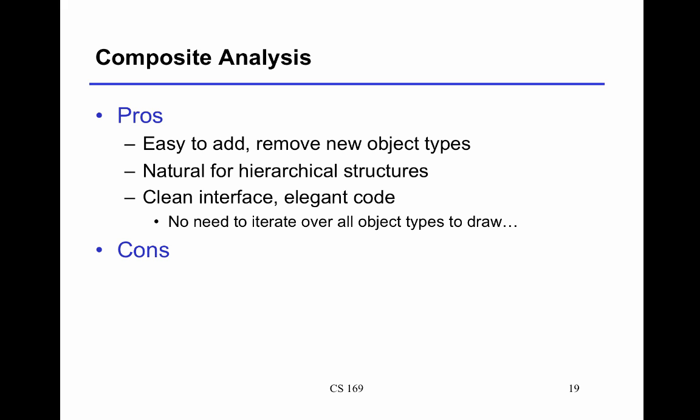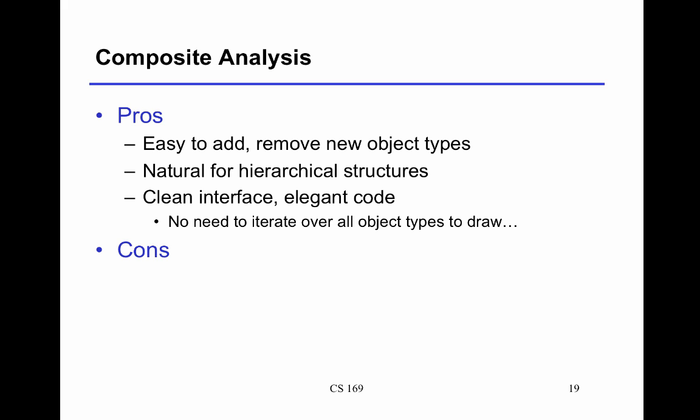You can sneak in a rectangle glyph by implementing a rectangle class and tying it in with a menu that draws a rectangle, and you don't have to touch the rest of the application because the application works with glyphs, it's going to work with rectangles as well. It's very natural for hierarchical structures, and it leads to elegant code.